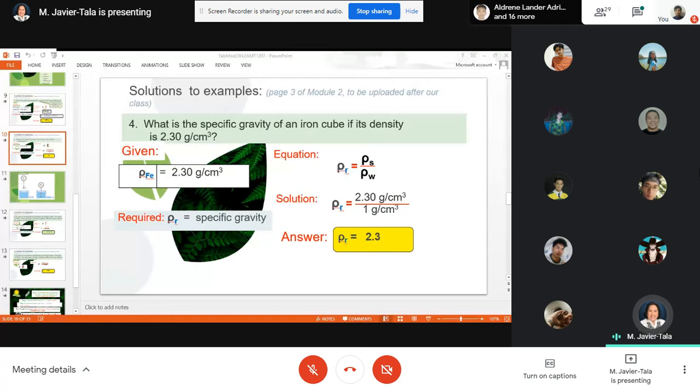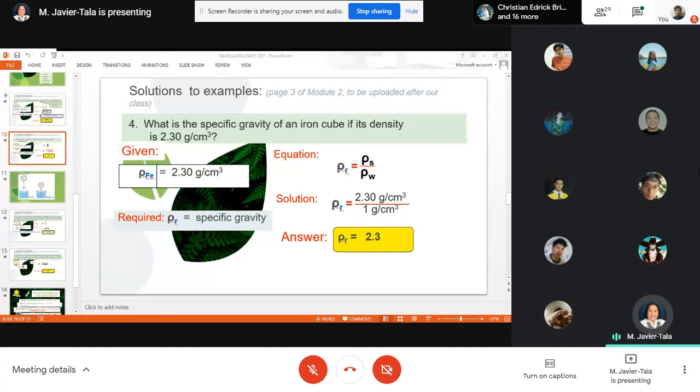As you can see, if we divide it, we just get a numerical value, because relative density and specific gravity are unitless but numerically equal to your density if you are using water as your reference.